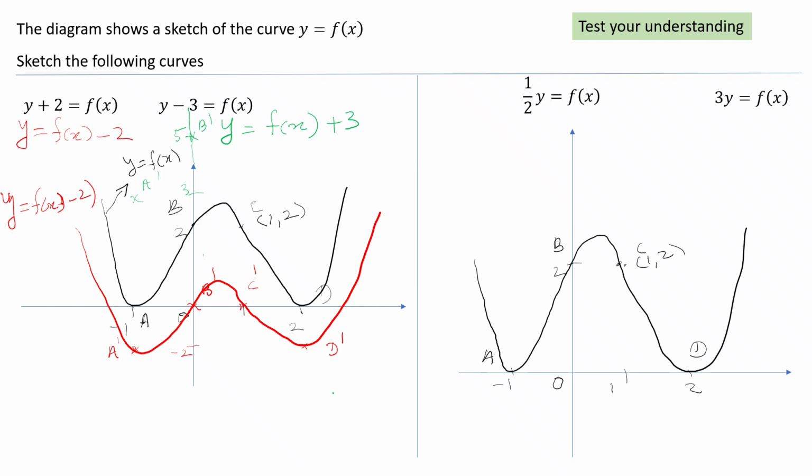Then point C, y coordinate is 2. So again, it's 5 here. This is C dash. So point D, y coordinate 0, so it's going to be 3 here. So the new graph comes like this.